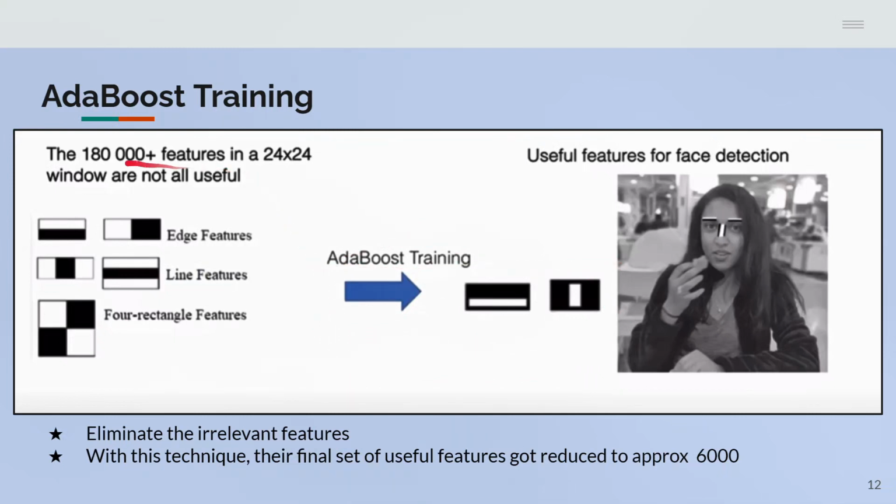Once we give this algorithm images of faces and non-faces, it will be able to detect only those few 6,000 features which are important for face detection out of these many. So we are able to reduce drastically from this high number of features to around 6,000 features. In a way we are able to reduce a lot of calculations and computations.